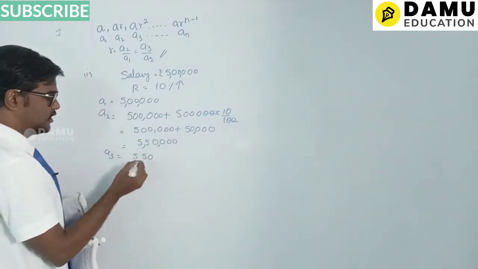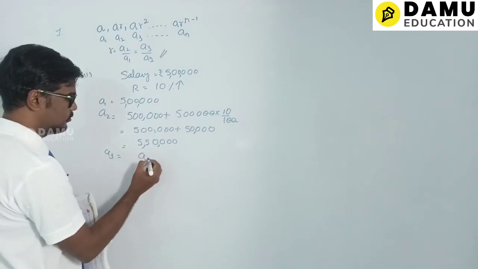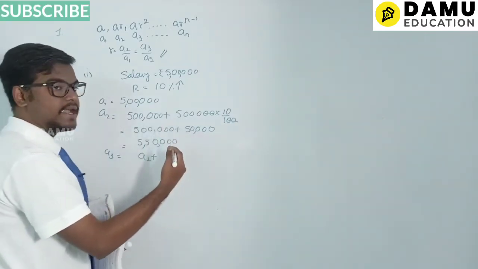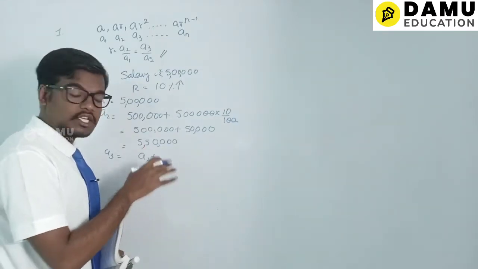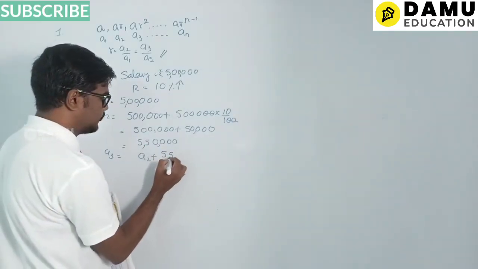For the third term, A3 will be A2 plus the increment, and that increment is 10% of the previous one.